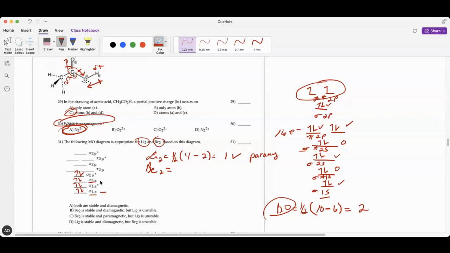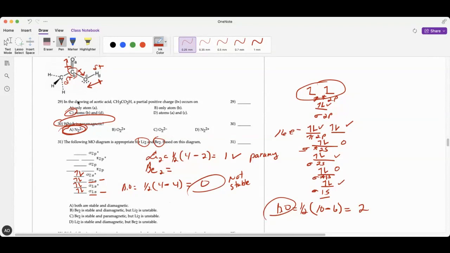We have 4 bonding electrons, so the bond order would be equal to 1/2 times 4 minus 4 electrons in the anti-bonding orbitals. The bond order is 0. So we can say that this is not stable.